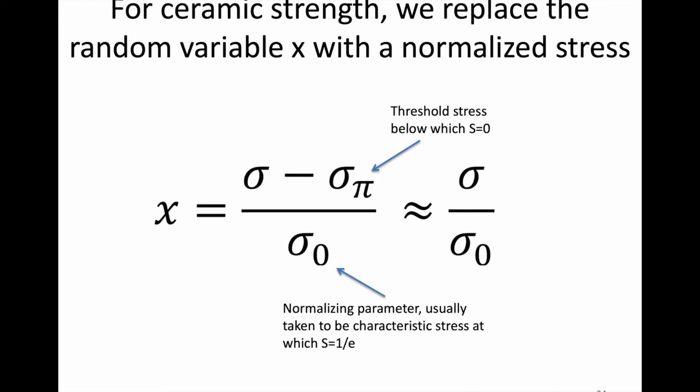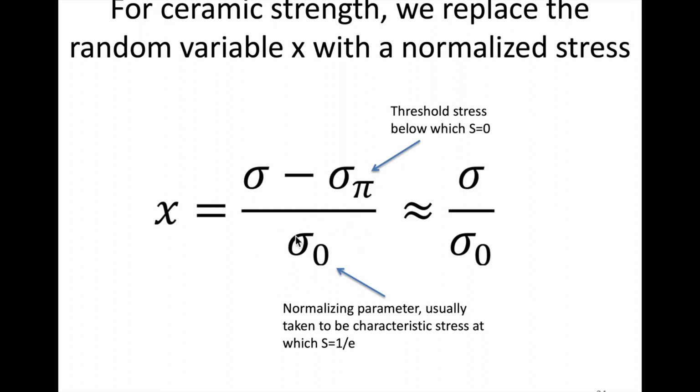In our case, we're interested in flexural strength. So this is the random variable, the stress level, and then there's also a sigma pi, which refers to a threshold. This is basically the threshold stress below which the probability of survival is equal to 0.